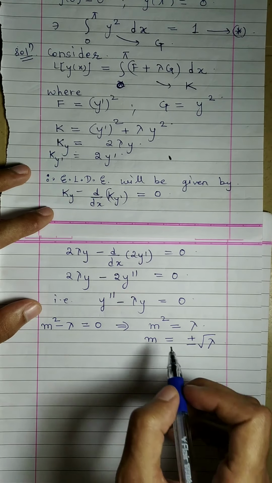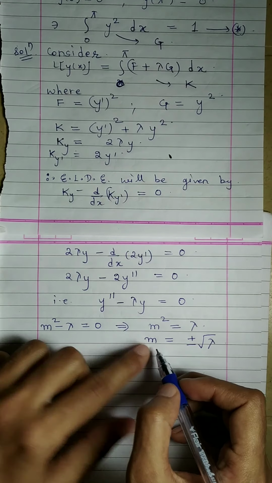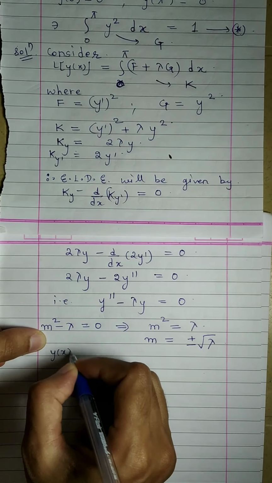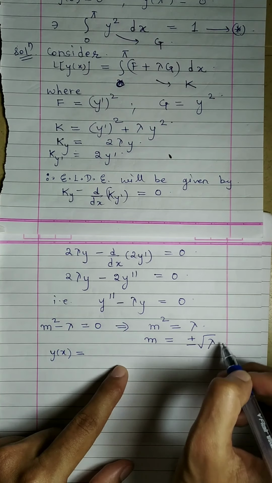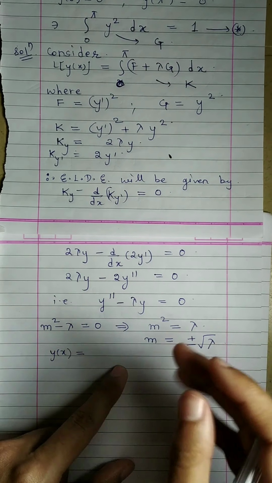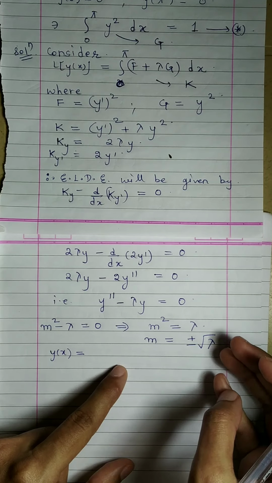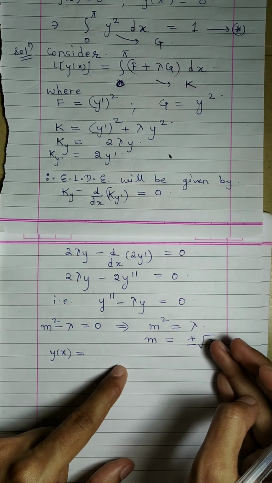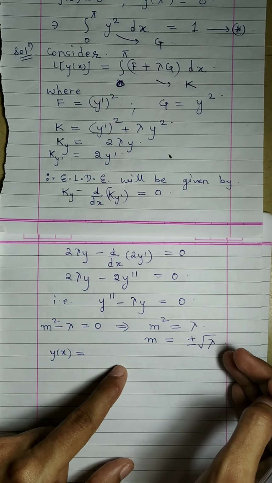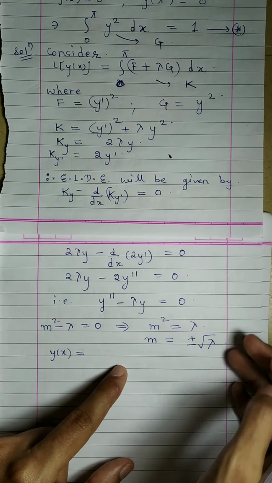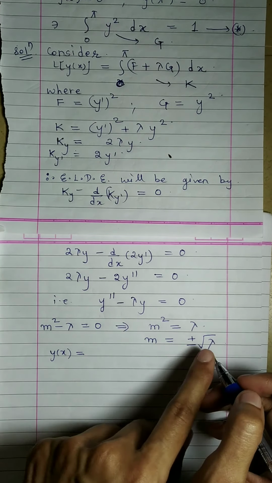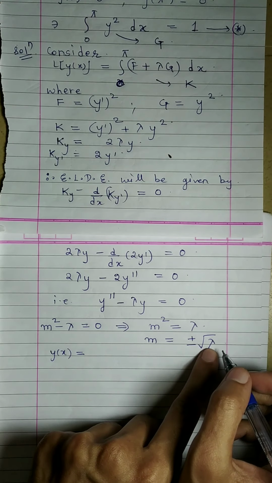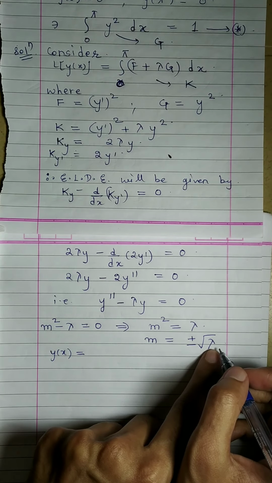Now if I want to write the solution y of x, I should know whether it is real and repeated, or complex, or two distinct real roots. And how will we know which case it is? For that we will have to take cases on this lambda.